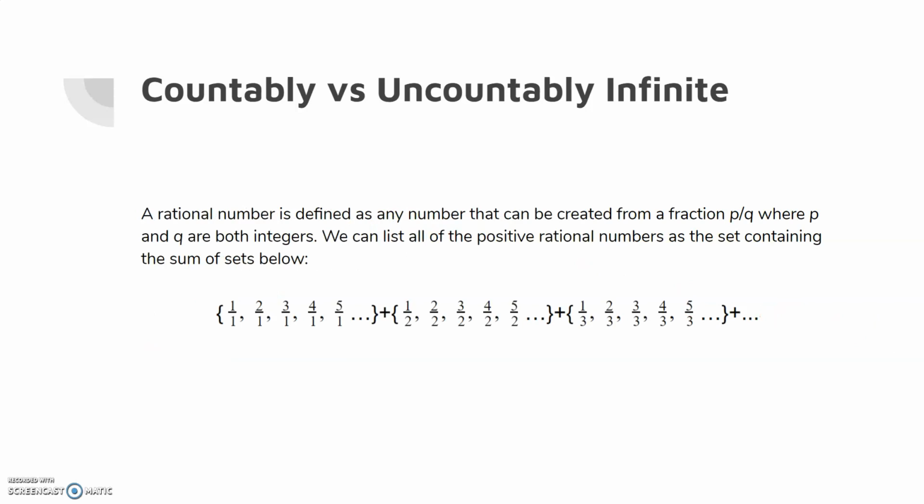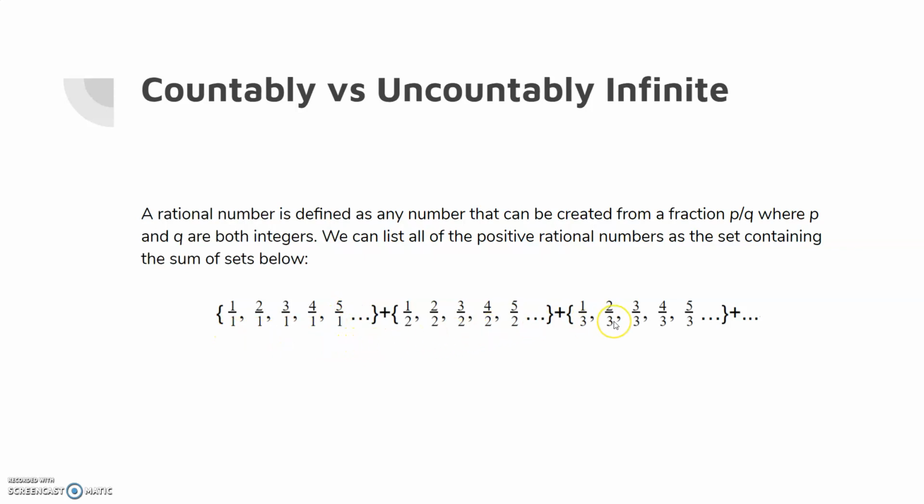To figure out why, we need to know that a rational number is defined as any number that can be created from a fraction p over q, where p and q are both integers. So we can list all the positive rational numbers as the sum of sets below. Here we're just taking the set of natural numbers, 1, 2, 3, 4, 5, and dividing every element by 1 to get the first set.